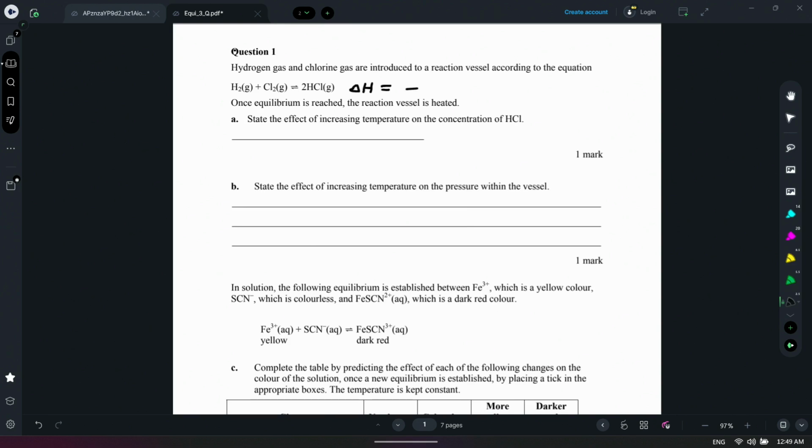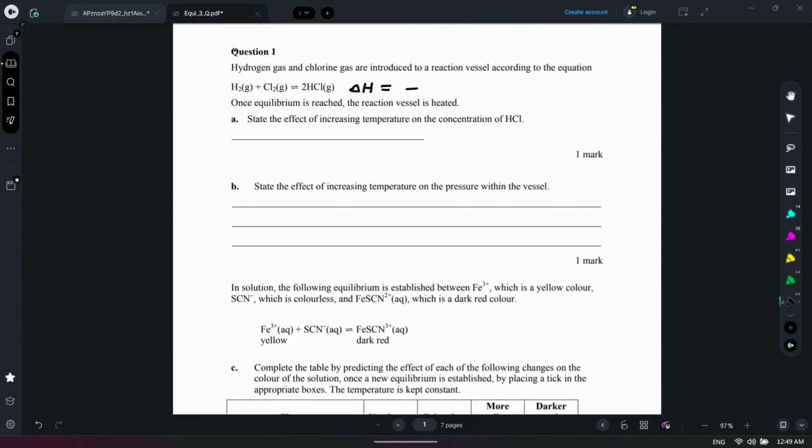What is the question asking us? State the effect of an increase in temperature. When you increase the temperature, what would the system do? The system will partially oppose the change by trying to decrease the temperature.